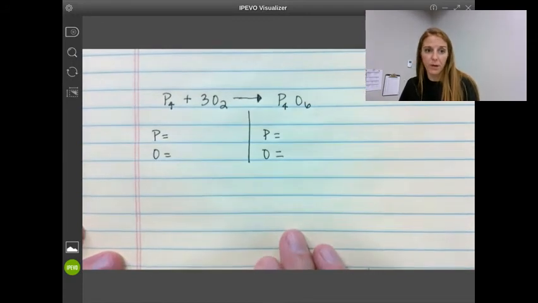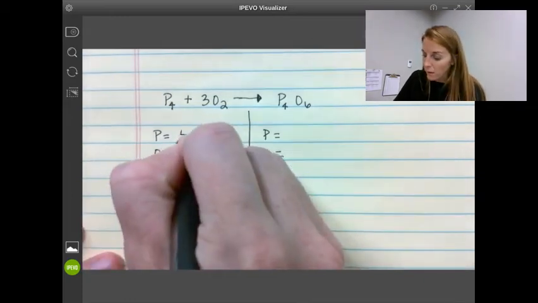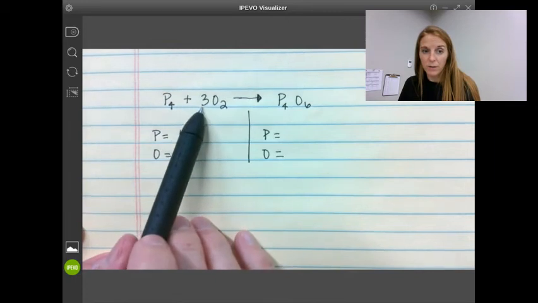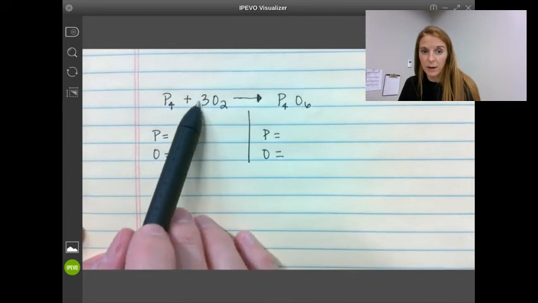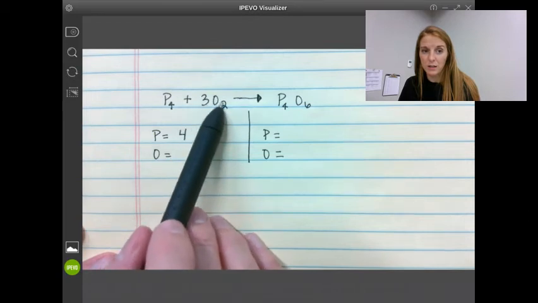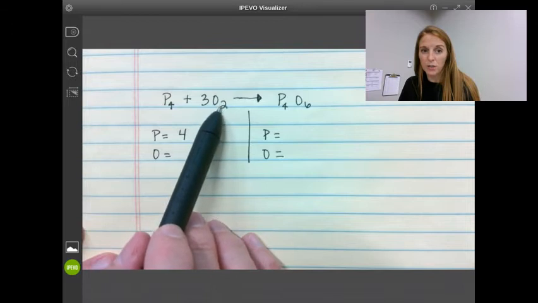Okay. So how many phosphoruses do I have? I have a little number 4 here. So that would mean that I have 4 phosphorus. Now here's the coefficient. So the big number again is the coefficient, and that's going to get distributed to this oxygen. So this little 2 is already showing me that I have 2 oxygens.